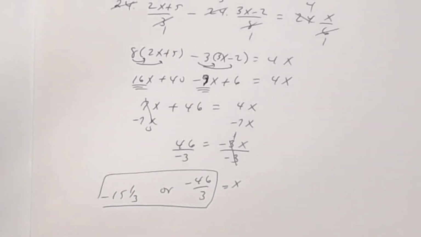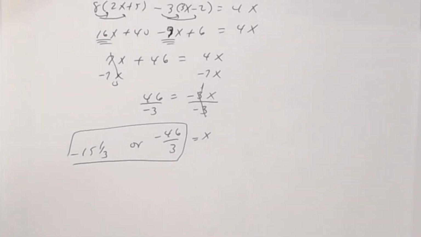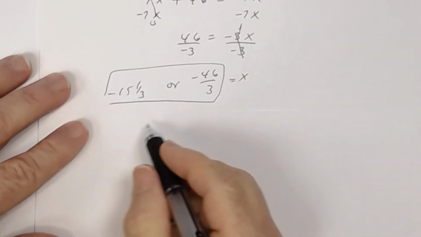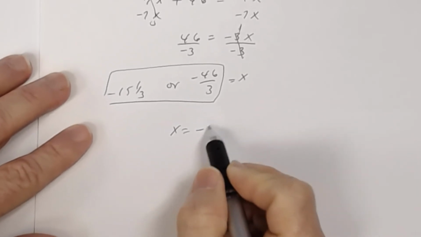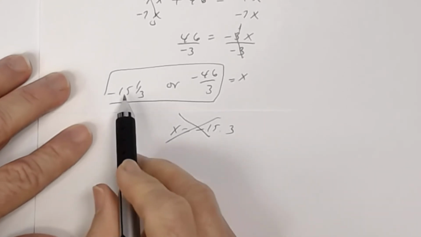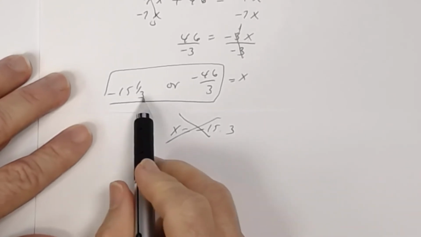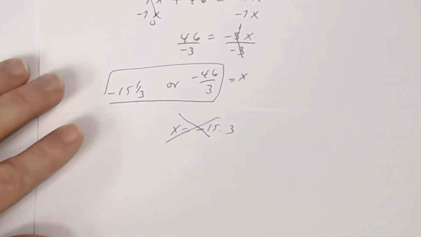Now, let me just mention what some students will do, and you've got to be careful with this. So some students at this point will say this. They'll say, well, that is going to be equal to negative 15.3. That's not true. All right, so this negative 15 1/3 or negative 46 over 3 is not negative 15.3.